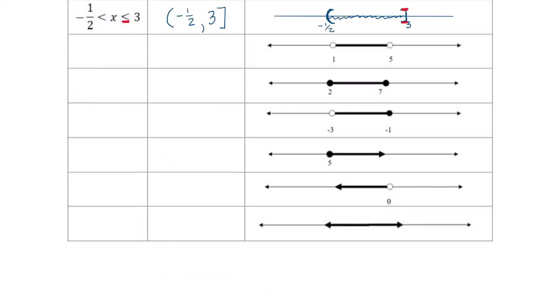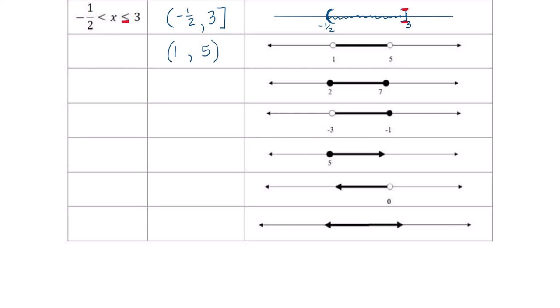Now, with the next few problems, we are to go from the graph and get the inequality and interval notations just from the graph. I know with this first graph I have from 1 to 5. 1 is the leftmost number, 5 is the rightmost number, but neither one of the boundary points is actually included.